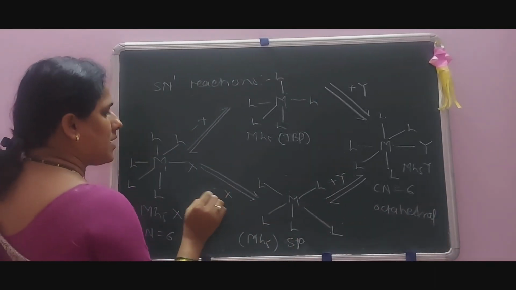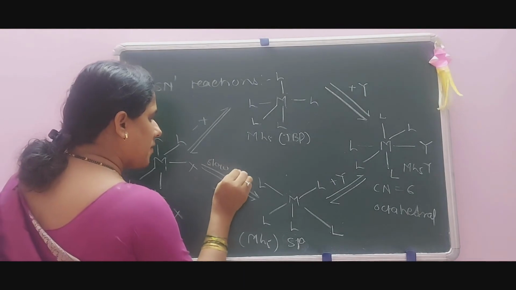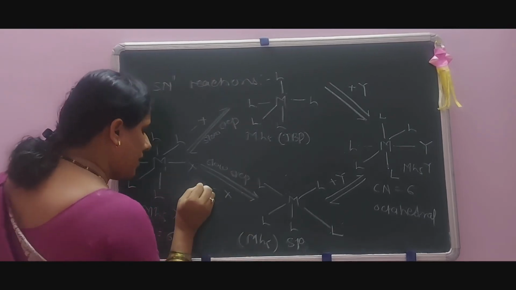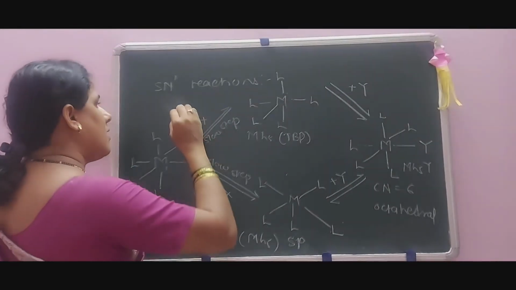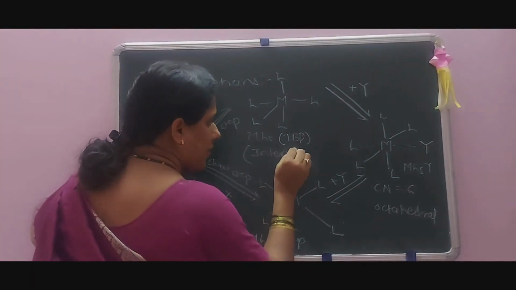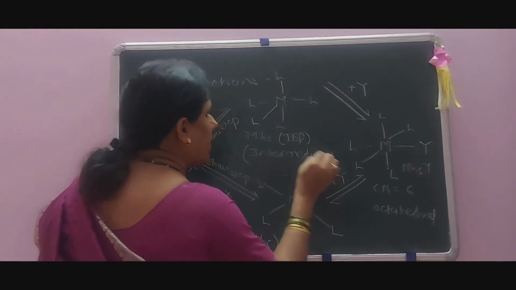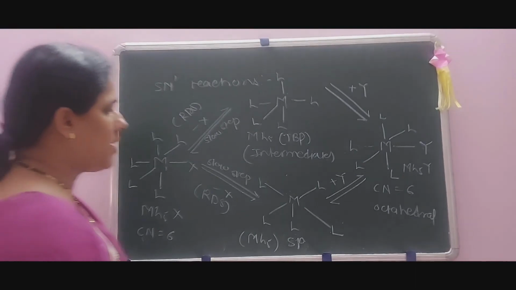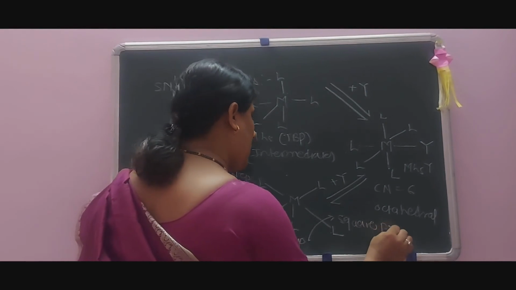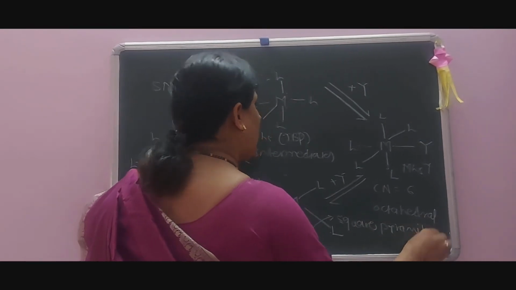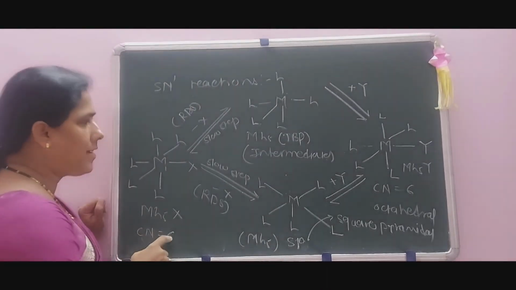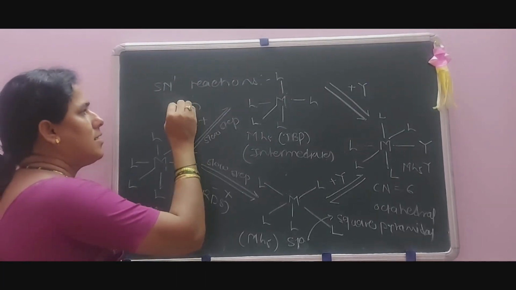This is minus X. This is a slow step, the rate determining step, RDS. Here also RDS, the rate determining step. These are the intermediates, TBP, trigonal bipyramidal, and SP, square pyramidal. This is the reaction mechanism. This is octahedral ML5X. The first step is called the dissociation step.